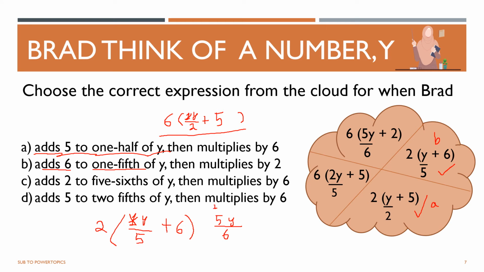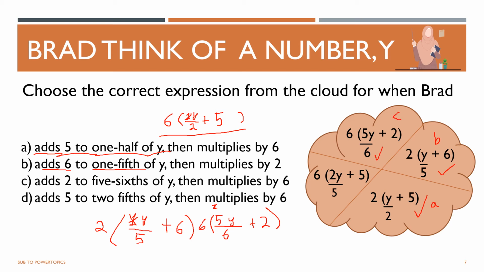So the 5 would remain here. 5/6 of y. And then add 2. And then it's being multiplied by 6. So the 6 would be outside here. Let's find our expression. It's here. So this is our answer for C.